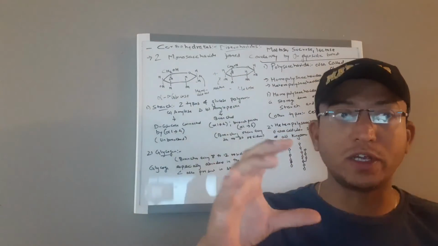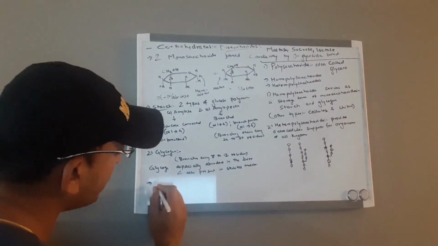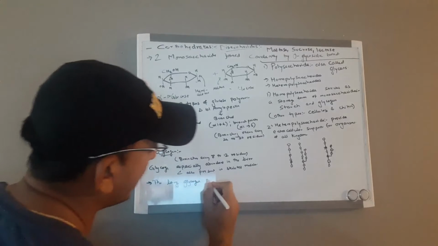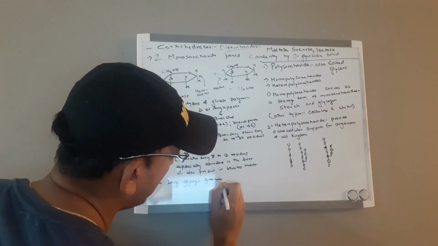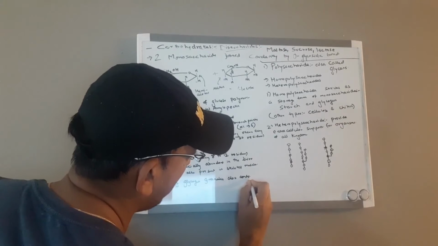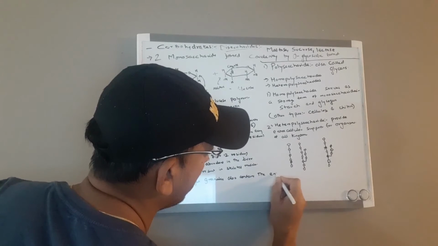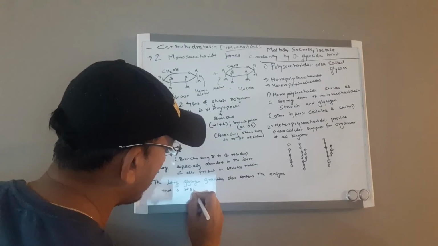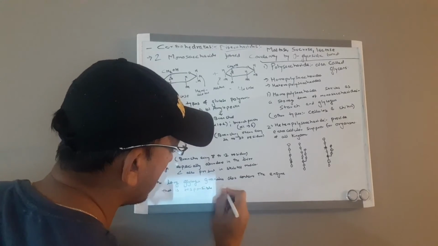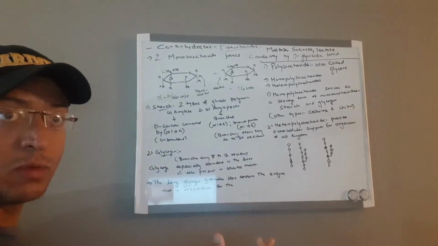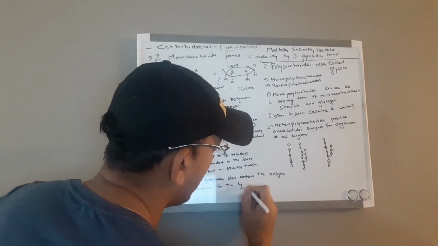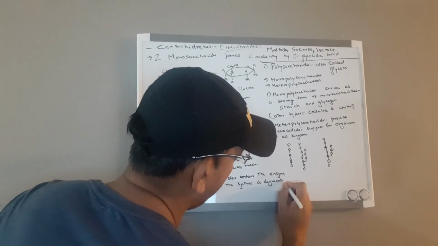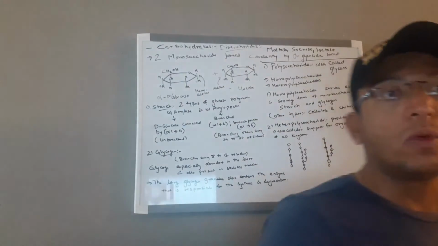So the large glycogen granule also contains the enzyme that is responsible for the synthesis and the degradation of the glycogen, right?